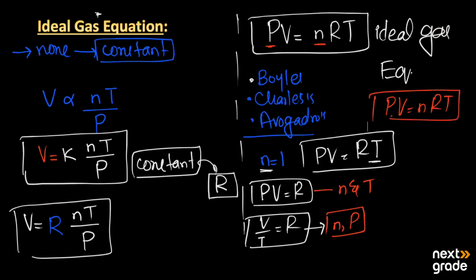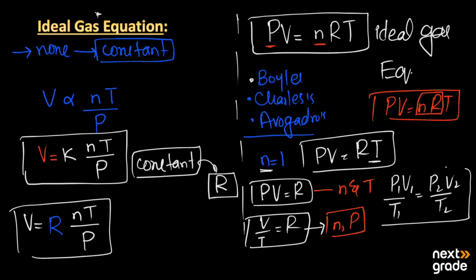We can also apply it to the different laws. If we keep n constant, equal to 1, then P1 V1 over T1 is equal to P2 V2 over T2.